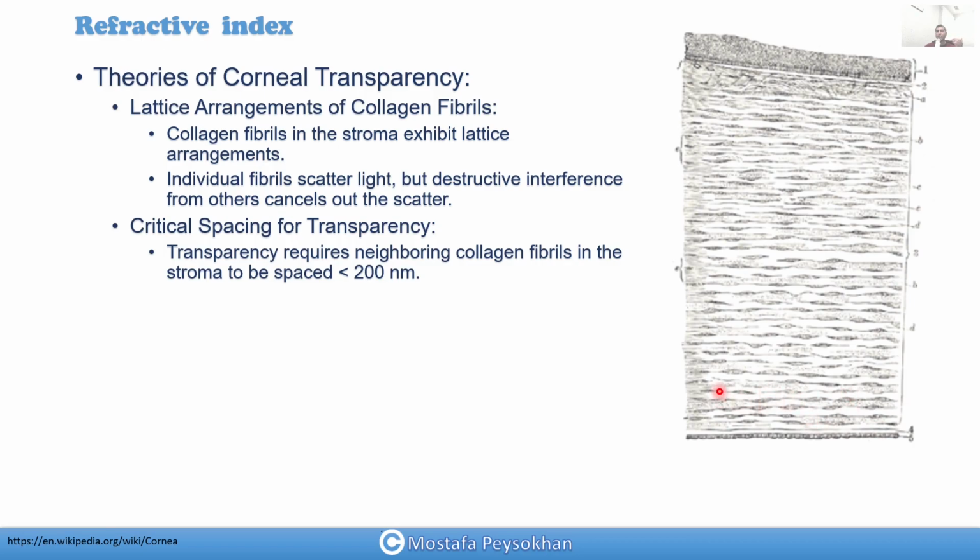As you can see, actually this is from Wikipedia, the cells form a layered structure. One theory is that it's like a lattice arrangement of the cells, so that because of the scattering of light from different layers, the interference pattern is destructive.